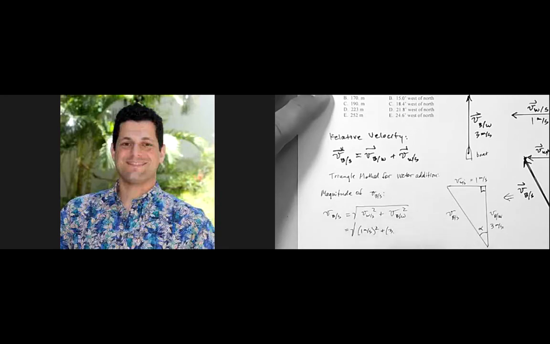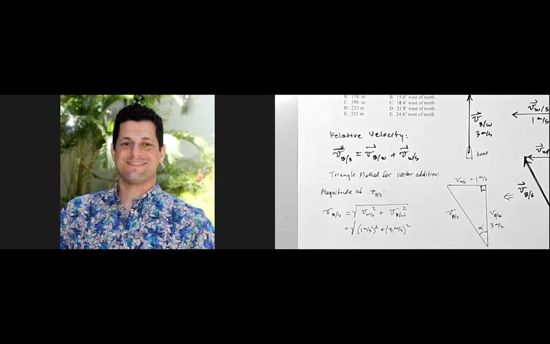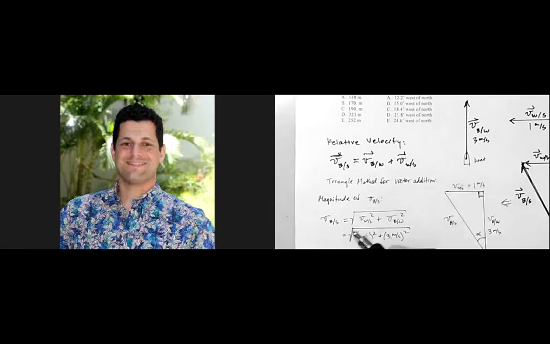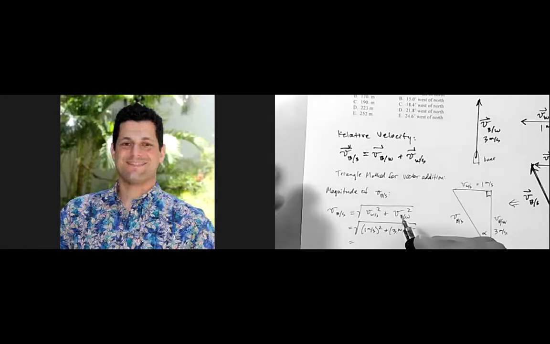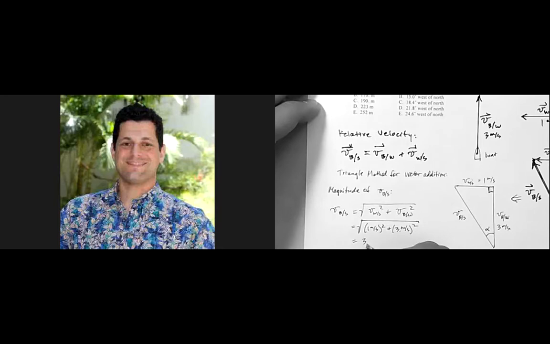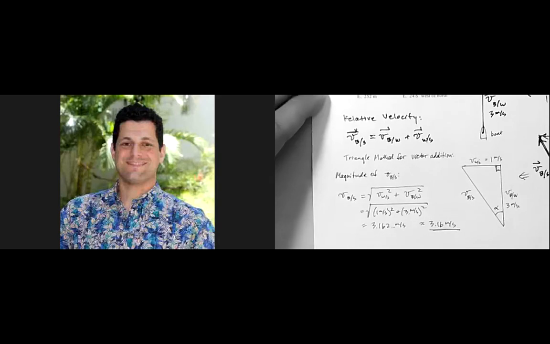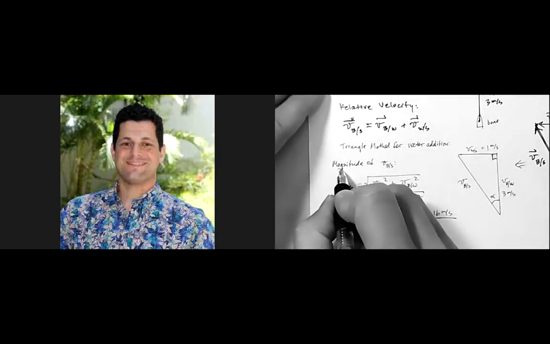And again, these have 3 sig figs on them. But just to save me space for speed, I'm just dropping the sig figs for the moment. Okay. So I asked my calculator what it is, and it says 3.162, et cetera, meters per second. Let's round that off to 3 sig figs. All right, so that was the magnitude.